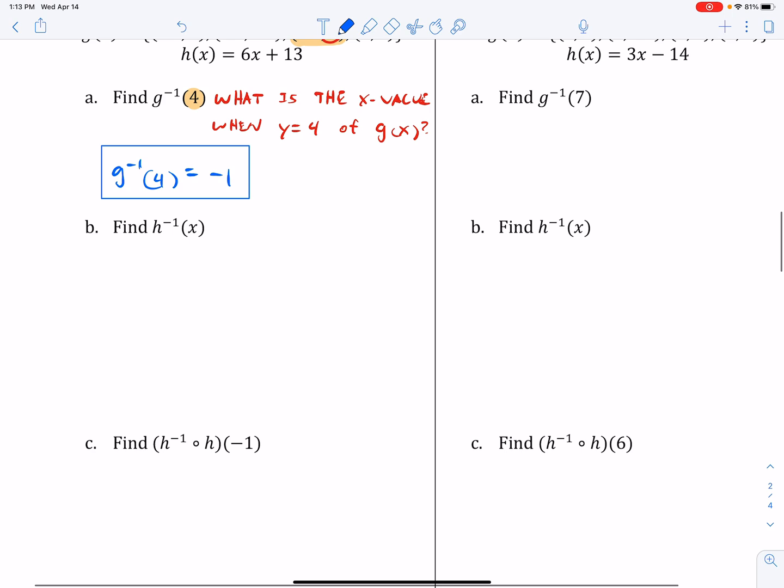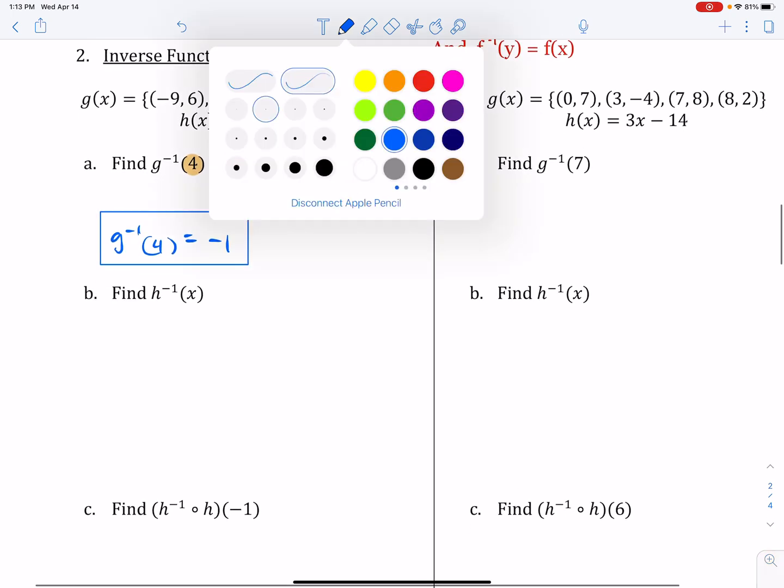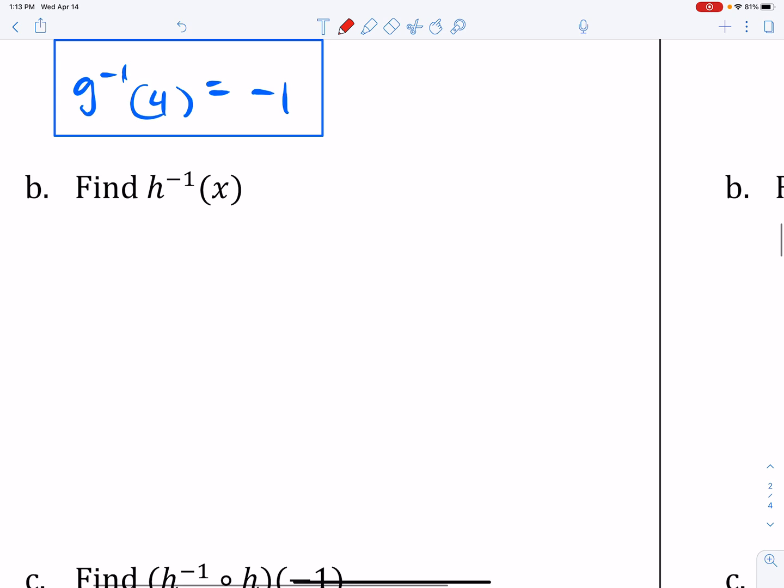Okay, let's do letter B here. Well, we have h is the inverse of x. So what we want to do, let's switch back to red here, zoom in, is we want to switch x and y and then solve for y.